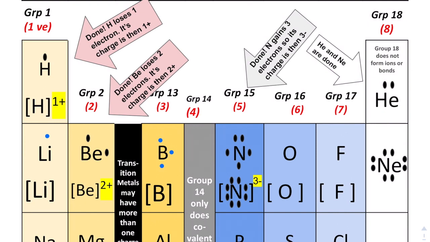So then group 15 with 5 valence electrons, I see N is done for us with 5 dots. Group 16 with 6, the O, I'm going to do 1 on a side before doubling up. 1, 2, 3, 4, 5, 6. Next one, group 17 with 7, F. 1, 2, 3, 4, 5, 6, 7.